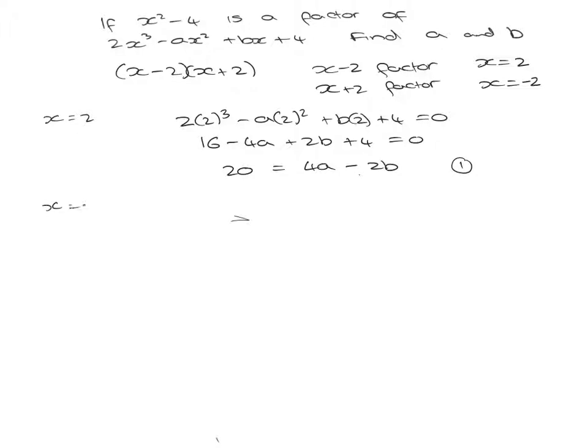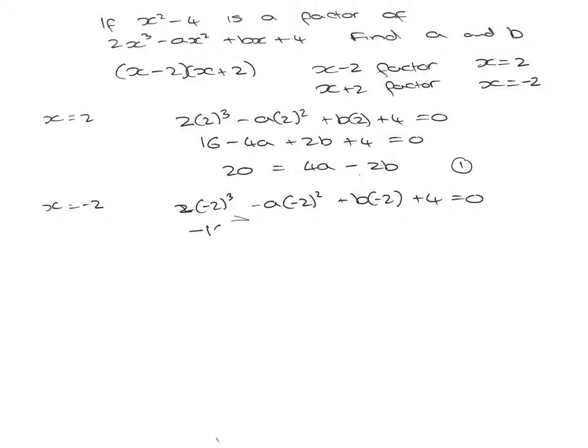Now, if we use x equals negative 2, 2 times negative 2 cubed minus a times negative 2 squared plus b times negative 2 plus 4 equals 0.